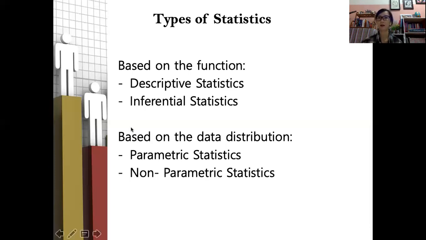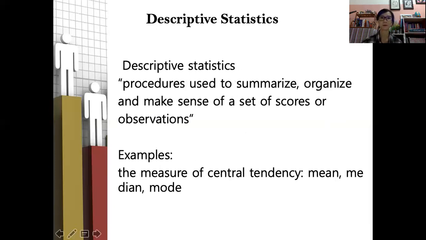Okay, but first of all, please remember, based on the functions, you have statistics that we use to describe and statistics that we use to infer. And then based on the distribution of the data, we have parametric statistics and non-parametric statistics. Okay, descriptive statistics.